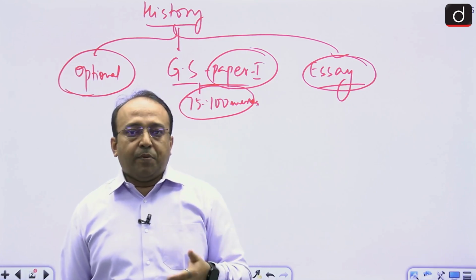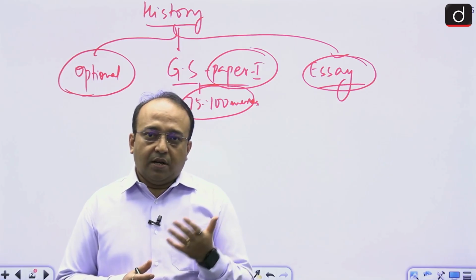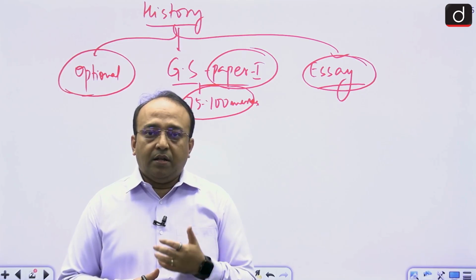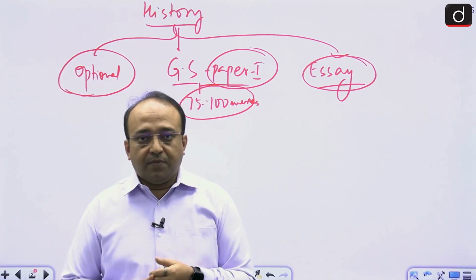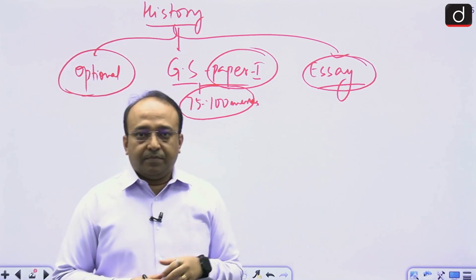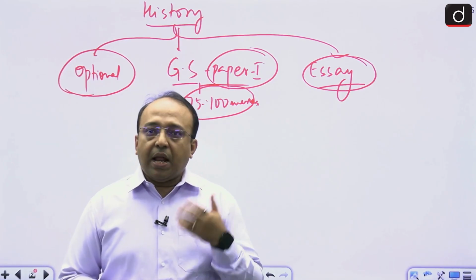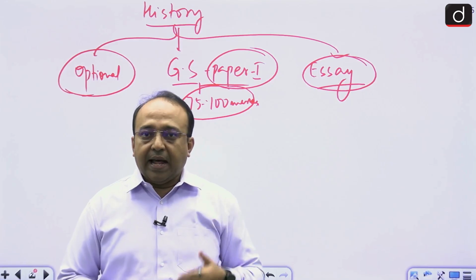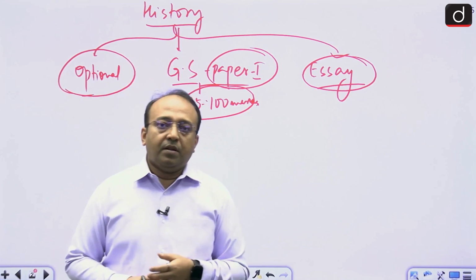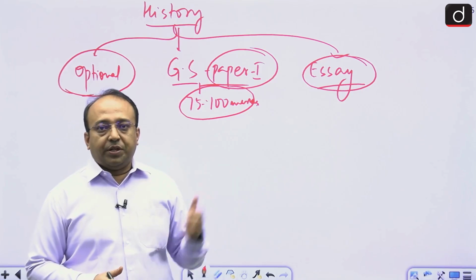For example, GS paper number 2, where you have a syllabus of polity, governance, international relations, etc. Now, you cannot do justice in writing an answer on IR without getting to the bottom of all those issues, and that you can learn only through going through the content of world history.